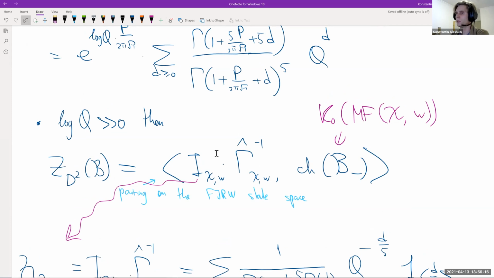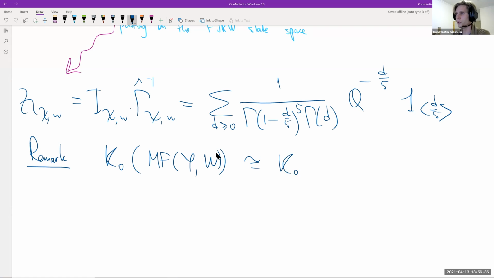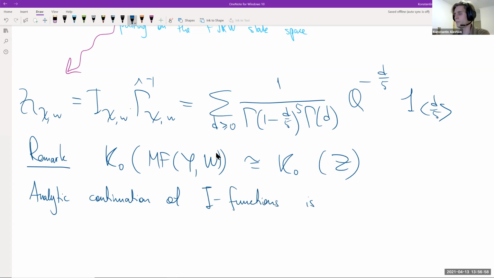So maybe I should make a remark that this K theory on the Calabi-Yau side, so K theory of matrix factorizations of Y with big W, is actually isomorphic to K theory of just Z, so K theory of coherent sheaves on the quintic, and analytic continuation of I functions is compatible with Orlov equivalence of the categories on the Calabi-Yau/Landau-Ginzburg side.